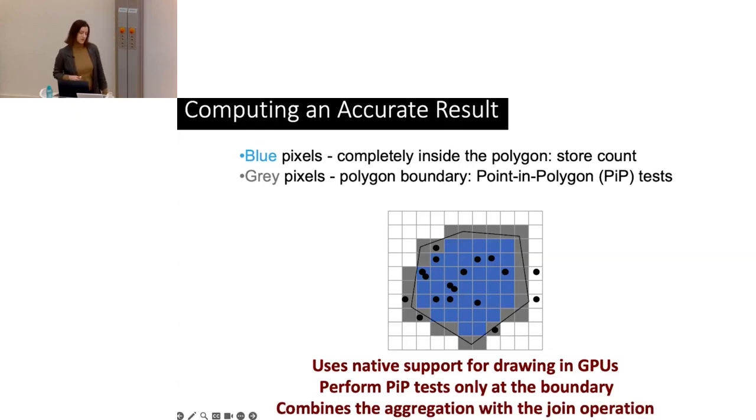And another property here is that we actually combine the join and the aggregation in a single operator, which means that we don't really materialize the join result. We don't need to know as an intermediate result which point is inside which neighborhood. We just directly count everything inside the neighborhood.